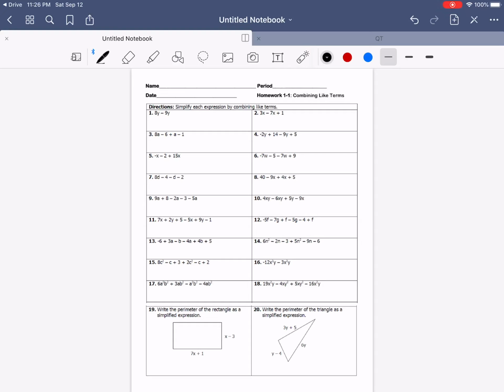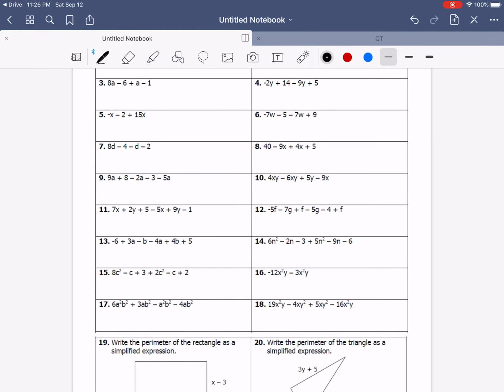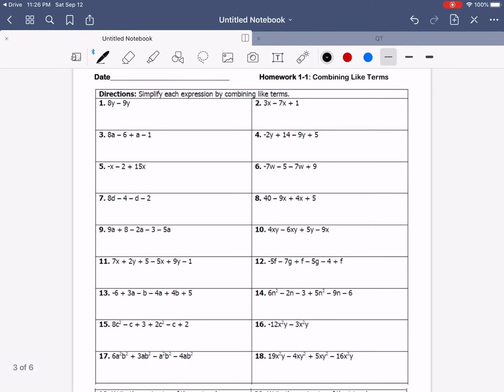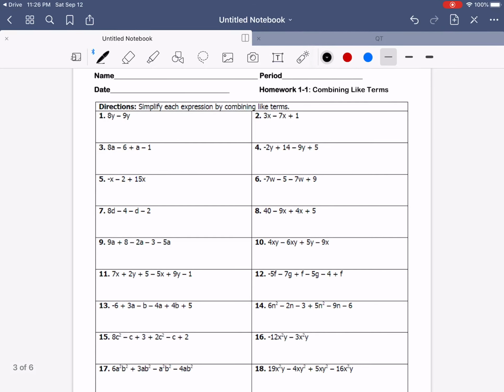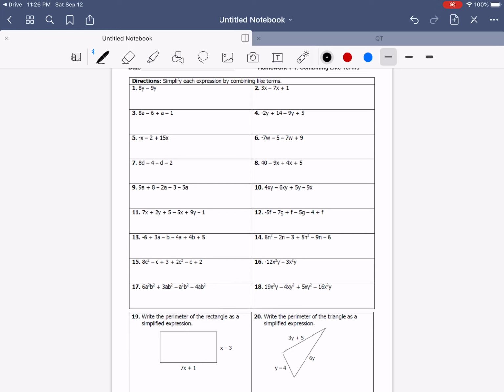Now this is your first homework paper, and as I said, I expect you to complete this homework, but it can be overwhelming and possibly some of you forgot how to do this. So I will go over half the homework and the other half you can do by yourself.